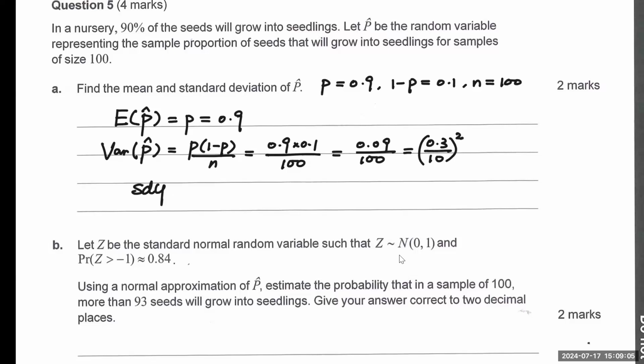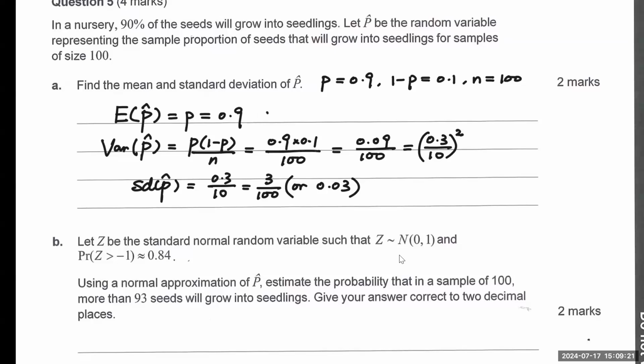Therefore, the standard deviation of p hat is going to be 0.3 divided by 10, but I can't write it as a mixed fraction with both decimal and a whole number. It has to be 3 over 100 or 0.03, okay? We'll also write 9 over 10 here. Let's box them. Mean and standard deviation.